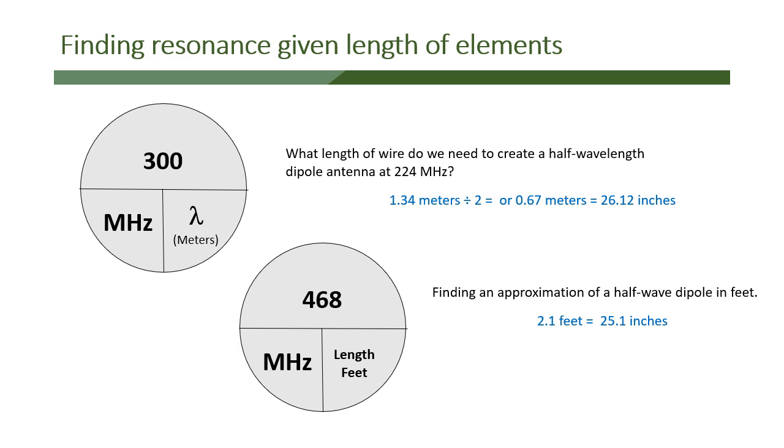And then as I use a special device called an antenna analyzer or an SWR meter, as I go to the frequency I want to design for, I may start cutting some wire off this antenna until the antenna is at the right resonant frequency that I want. And so the tendency for this formula is to always cut longer and then trim it back, because it's easier to cut the antenna smaller than it is to start welding in wire to make it longer.